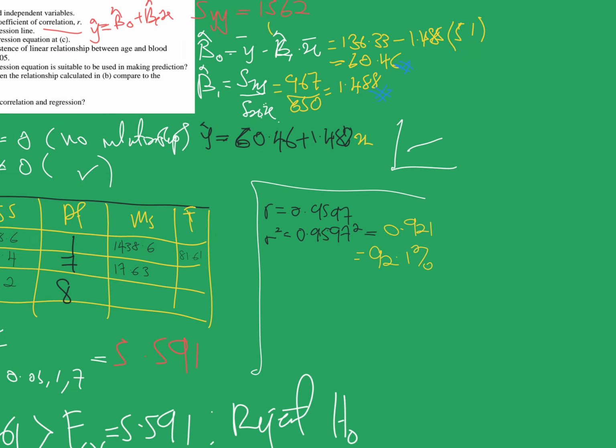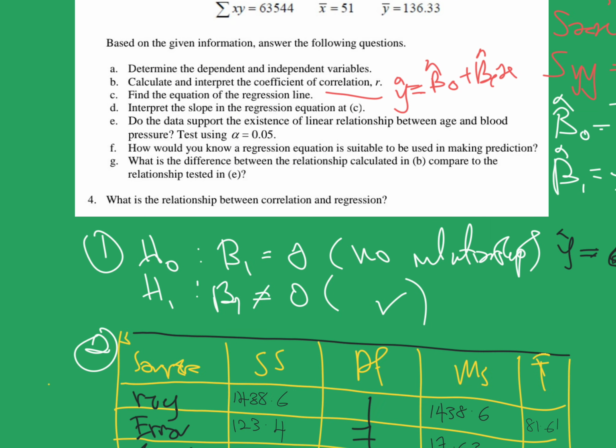So that's why we can say that we would know a regression line is suitable by looking at the value of r squared. So when the value of r squared is big enough, we'll know that the regression equation can make a better prediction, right?